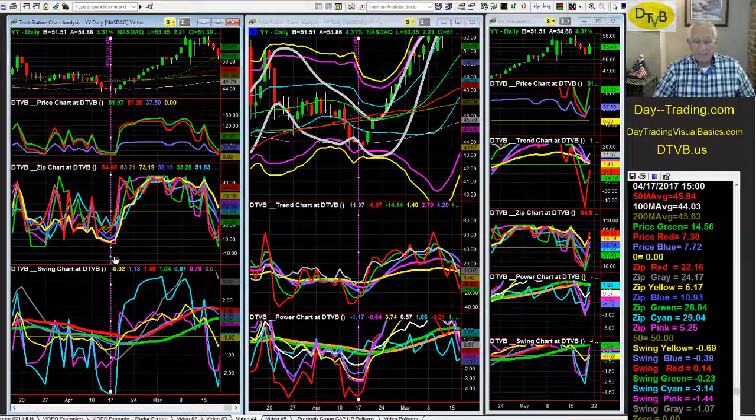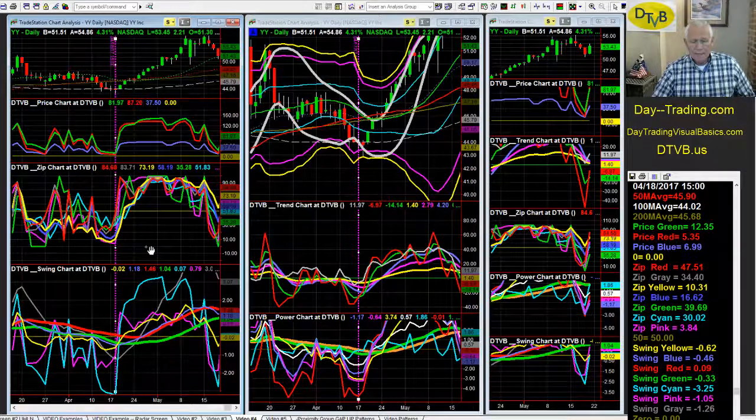They're fast indicators, and when the start of the uptrend starts, you will typically see zip yellow and blue start up. And if you go over to this next day, even though the price zip pink is underneath and lowest, zip blue and zip yellow have started in that uptrend. Zip green is obviously not on the bottom.